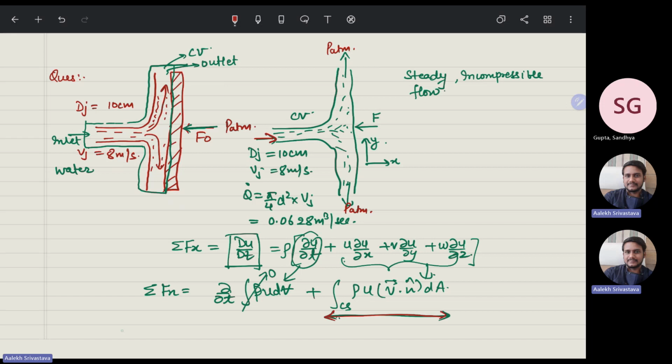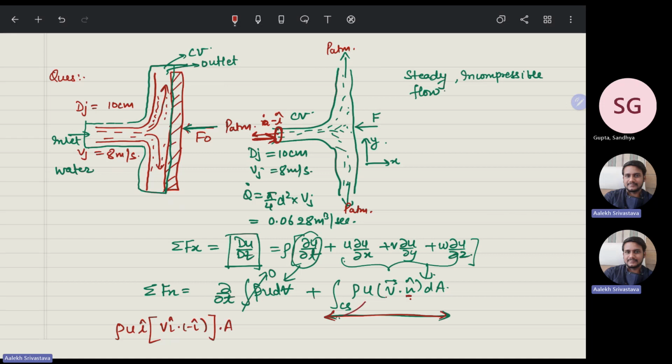So this term will be rho u. u is like u i cap because it's coming in the positive x direction. Now V dot n cap: the area vector of this section is in this direction, so the normal vector n cap to this area is minus i cap. So V into i cap into minus i cap, and this into area.